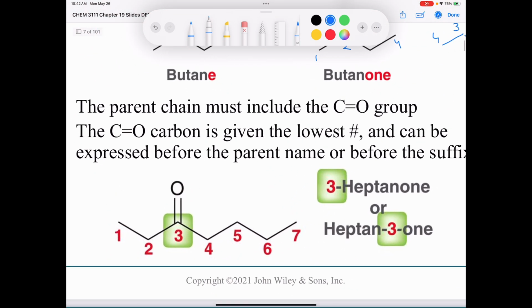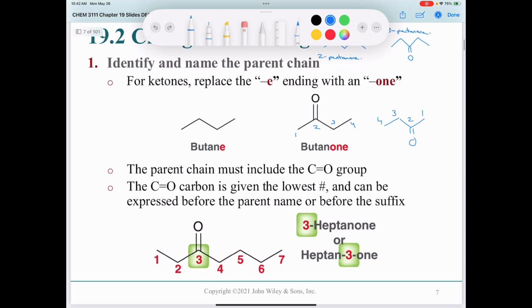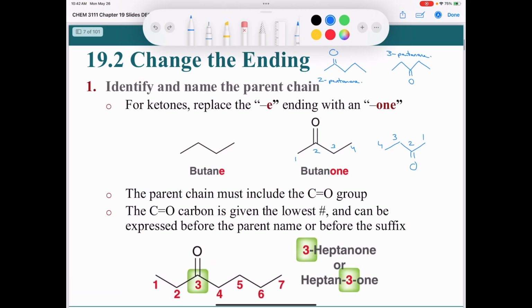You can call it 3-heptanone or heptan-3-one. And if you're wondering, well, why would you have 2 different ways of doing it? It doesn't really become abundantly clear until you start naming compounds that have multiple functional groups in them. But for now, you just need to know that both ways are acceptable.